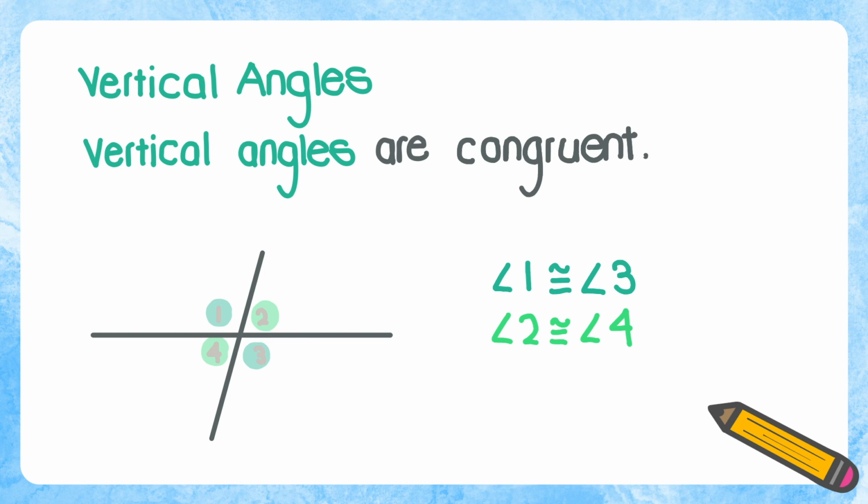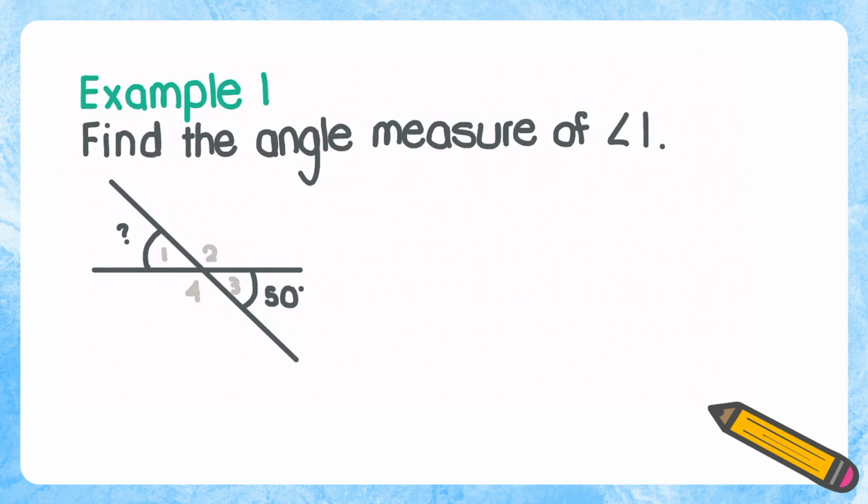So let's use the property of vertical angles and take a look at some examples. So for our first example here, we will find the angle measure of angle 1. How can we use the idea of vertical angles to find the missing angle measure? So for this example, we are asked to find the angle measure of angle 1, that's this one right here.